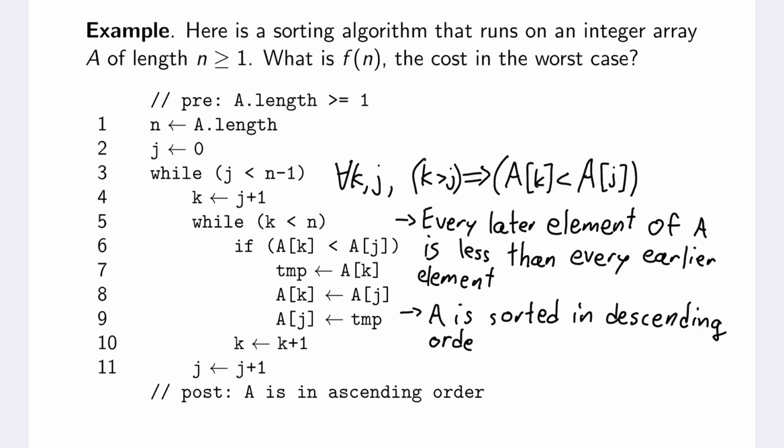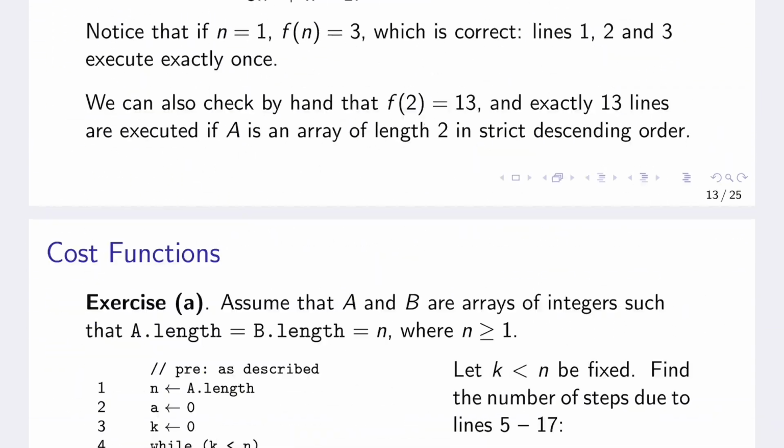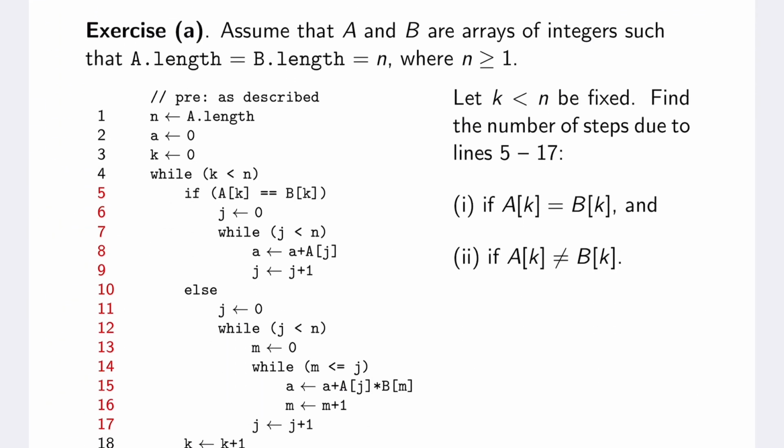Now we have an algorithm with a nested loop. There's a loop inside of a loop. And then the cost function that we get, there we go, is a polynomial of degree 2. You might be seeing a pattern here. If we had, ignore all the content of this slide for now, I'm just using this for extra drawing space.